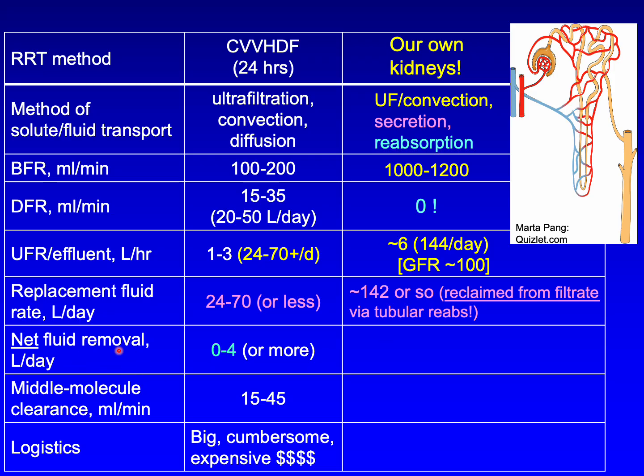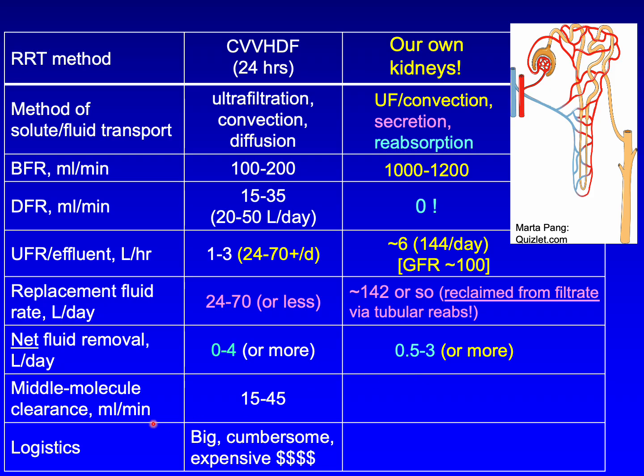Net fluid removal with CVVHDF usually runs anywhere between 0 and 4 liters per day, sometimes maybe a little bit more. Our own kidneys don't need to do quite that much net fluid removal usually. They usually process the urine into about 0.5 to 3 liters per day, but they can do more if they need to.